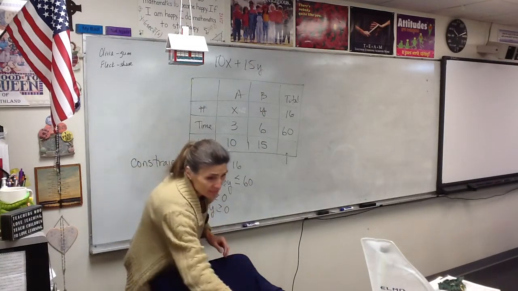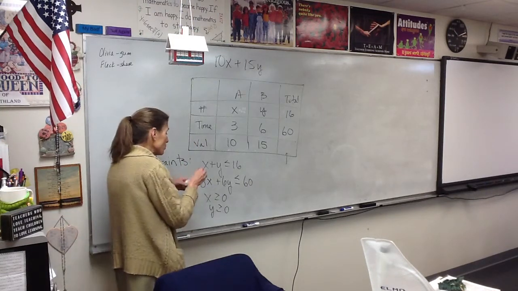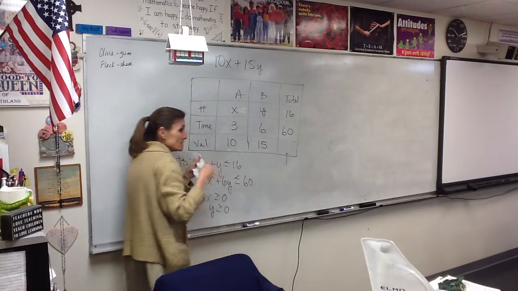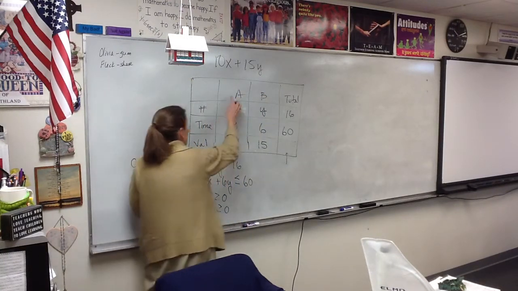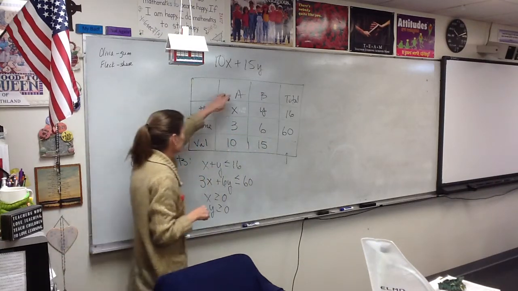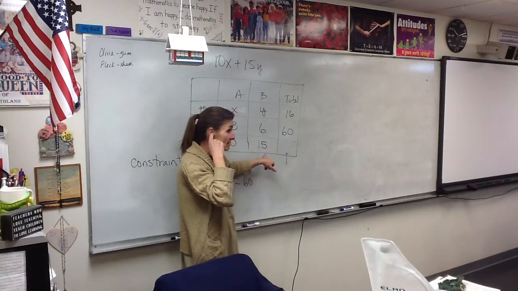Now, I understand if that's a little bit confusing to you. Think about it like this. Suppose you got 1 question A right and 2 question B's right. What would be your score? If you got 1 of these and 2 of these, how would you find your score? These are worth 10. These are worth 15.